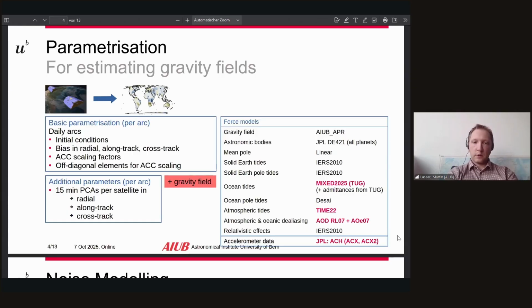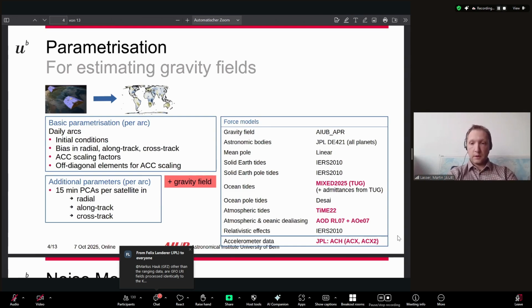Then we use atmospheric tides from the time model, plus we use the AOD release 7, and we also incorporated the error information of the AOD release 7, which is really helpful for us. For the accelerometer data, we now only use the ACH, stemming from the ACX and ACX2 bundle.